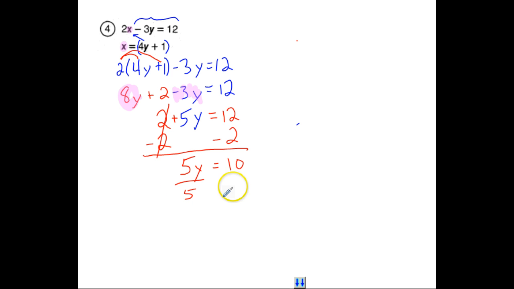And 5 times what is 10? Now you notice here is that when we finish this side, we found y. Make sure you put it in the right place. Y is on this, the second one. Okay.